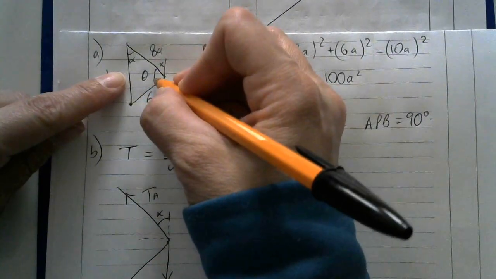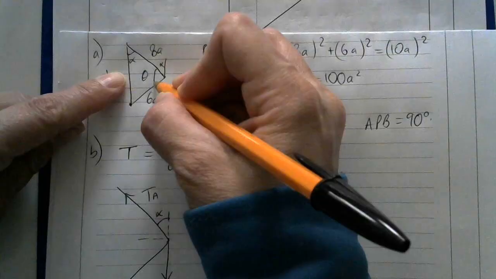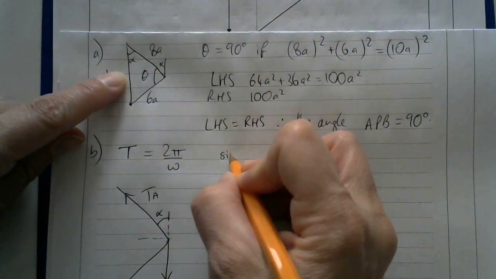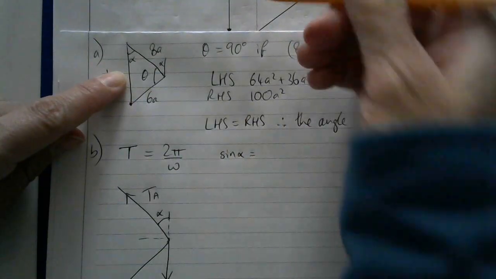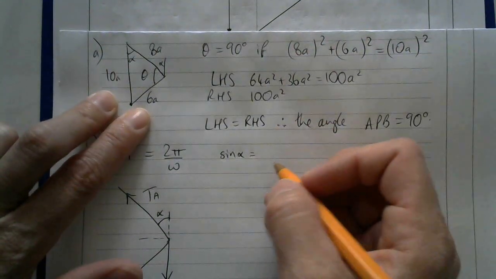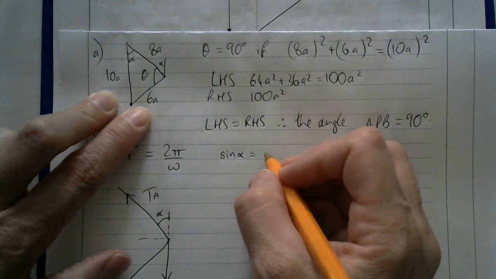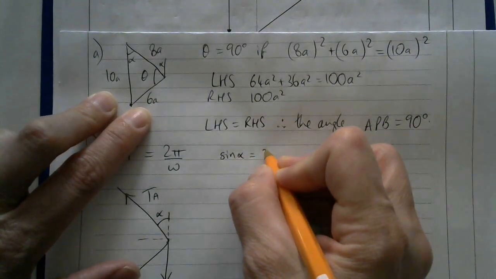And I know that this angle APB is 90 degrees, so therefore I know that sine alpha would be the opposite over the hypotenuse, so 6A over 10A. So the A's will cancel, 6 over 10 simplifies to 3/5.